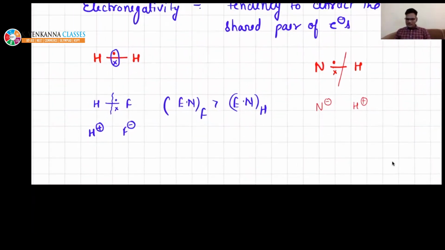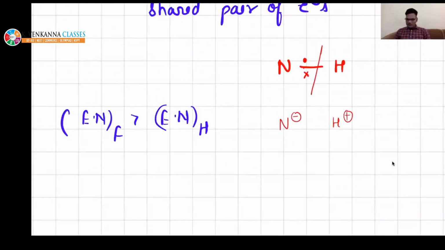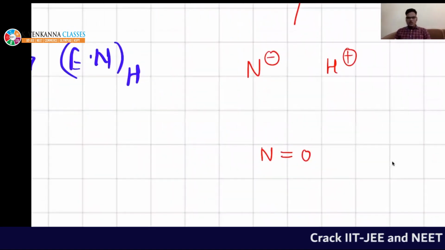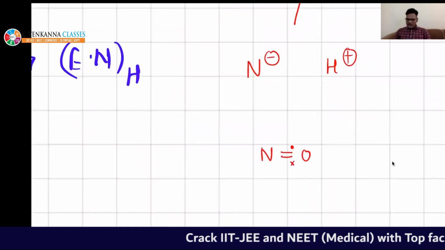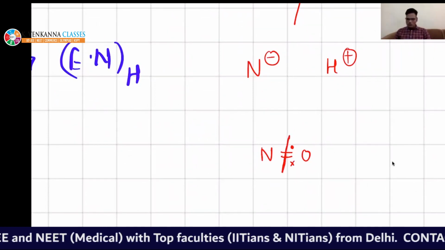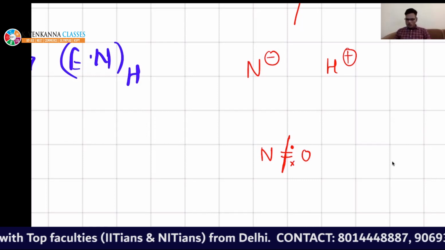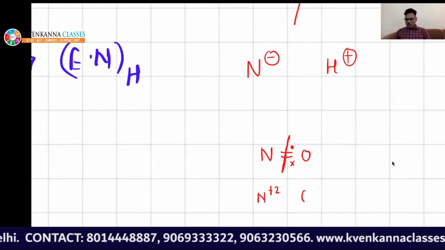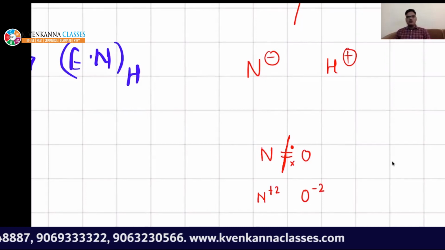Let me take another example. Let's say it is NO. What we have seen is that electrons are slightly attracted towards oxygen. So we are going to break two bonds. If you are breaking two bonds, you will bring positive charge on nitrogen and -2 charge on oxygen.